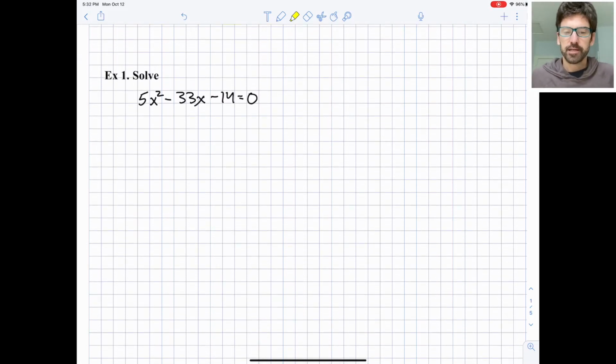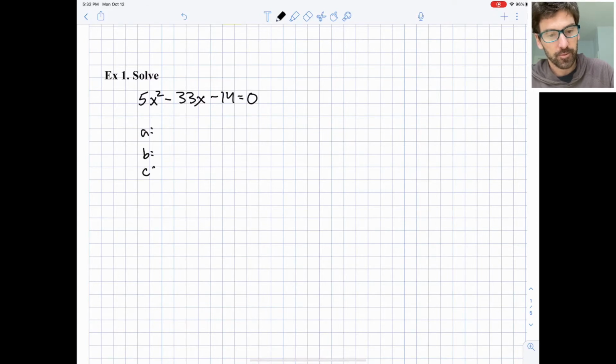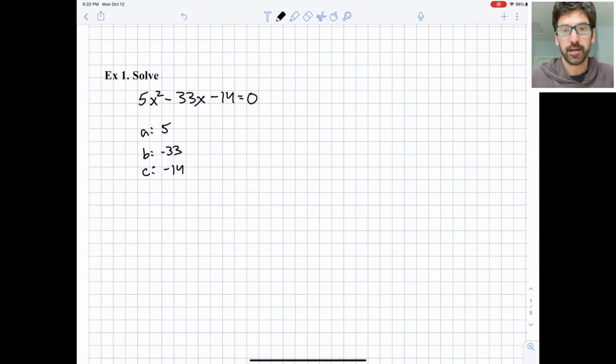5x squared minus 33x minus 14 is equal to 0. Definitely have a calculator handy for these. Like I said above, I literally write out what a, b, and c are, keeping in mind that in many cases they're negatives. Then we plug into the quadratic formula. So x is equal to negative b.